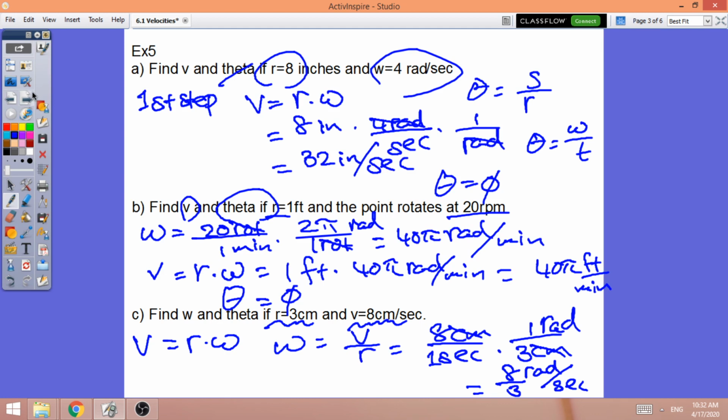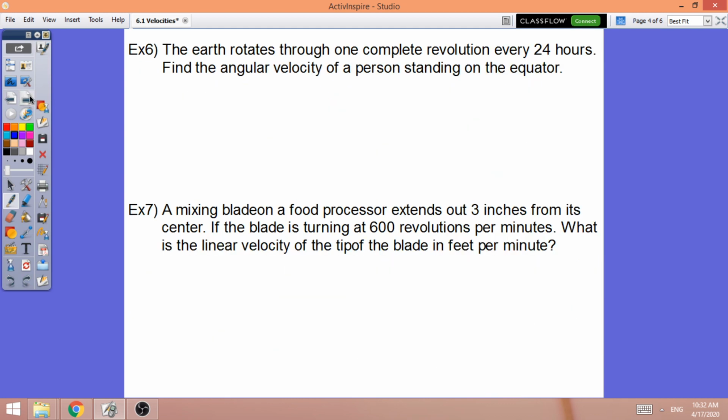Okay, so now let's see what else we have for the rest of this. So now it's getting a little bit more complicated. The Earth rotates through one complete revolution every 24 hours. Okay, so let's just highlight the key phrase. This is one complete revolution for every 24 hours.